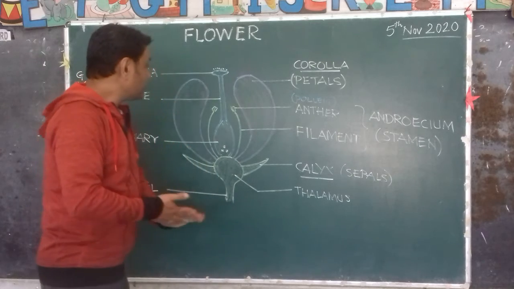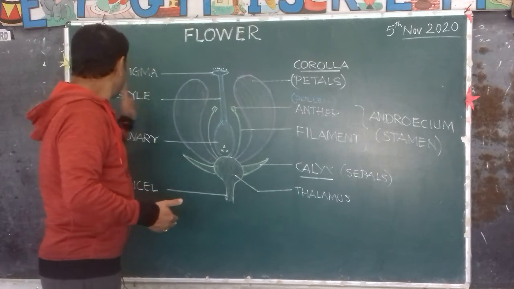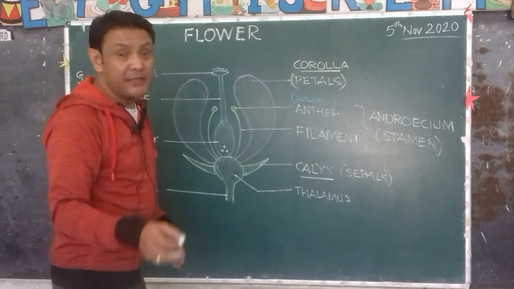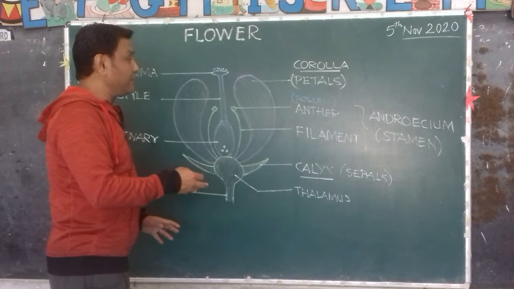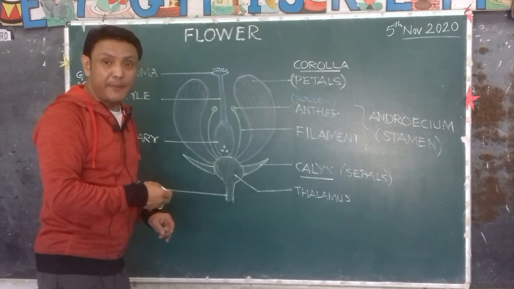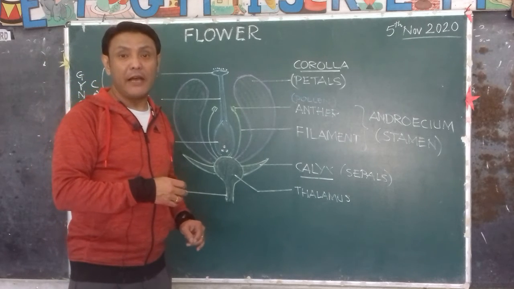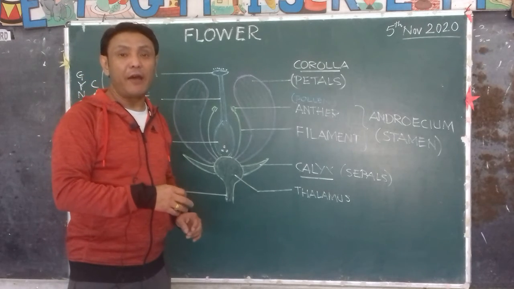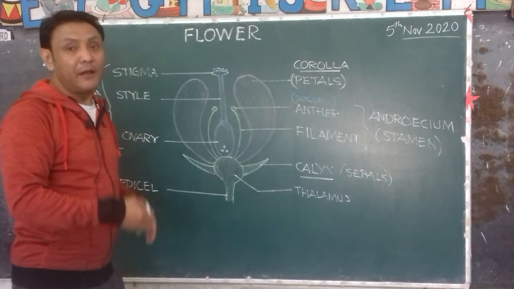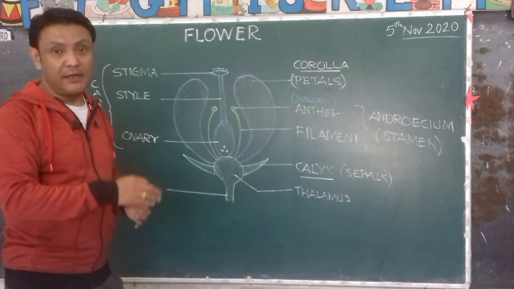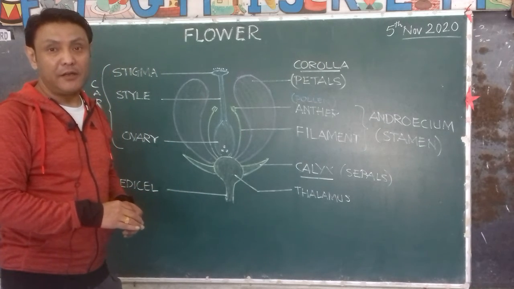Now, endoecium and gynoecium, since they produce male and female gametes respectively, are the essential whorls of the flower. They are called the essential whorls because without them, sexual reproduction cannot take place in a flower. Is it okay?